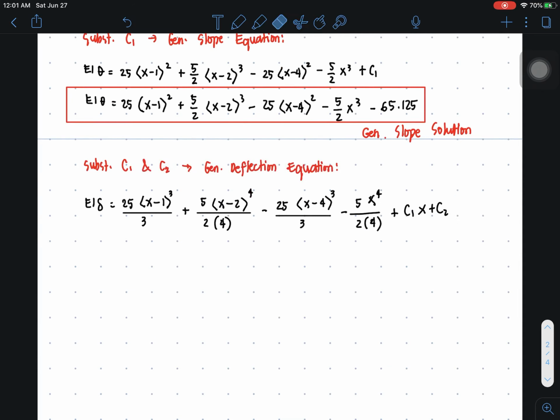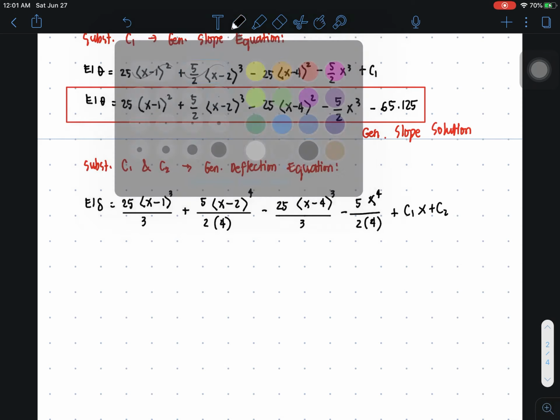And erase. Pagkahuman, ako lang ni siyang i-simplify.